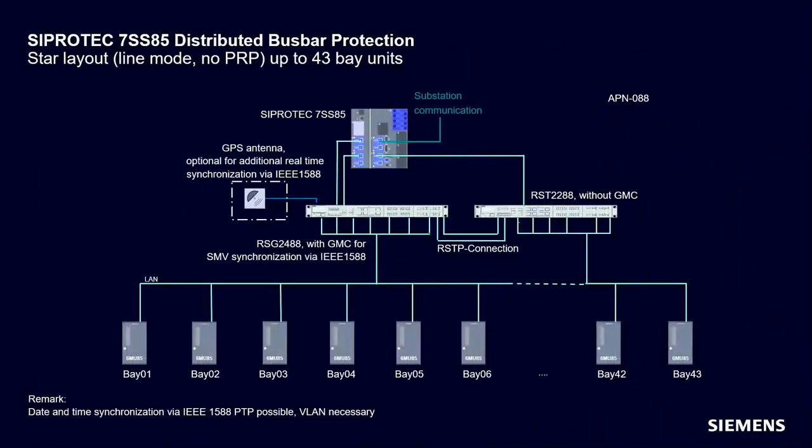Here in this configuration, it's possible for up to 43 bay units. This limitation comes from the limited number of boards in the switches. We use one RSG2488. In this RSG2488, we are activating the grandmaster clock once again.